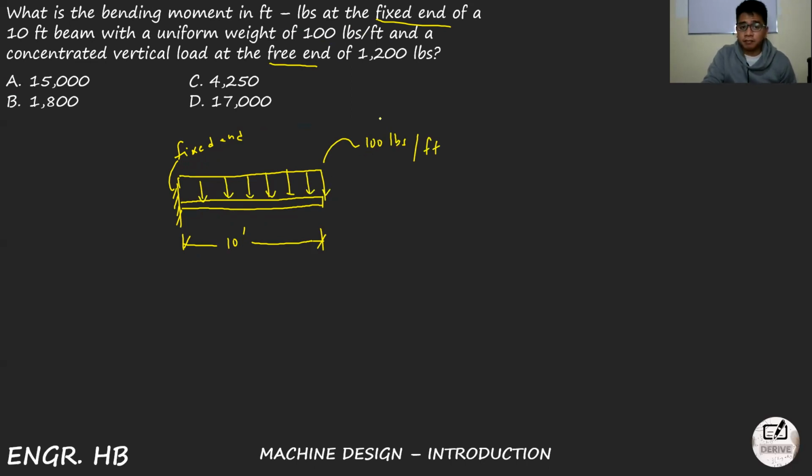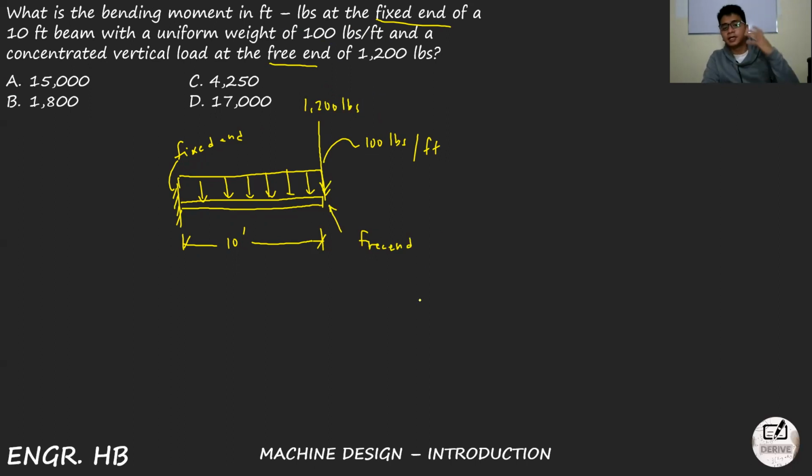And a concentrated vertical load at the free end. Where is the free end? This is the free end. So let's add 1,200 pounds. What we are looking for is the bending moment.